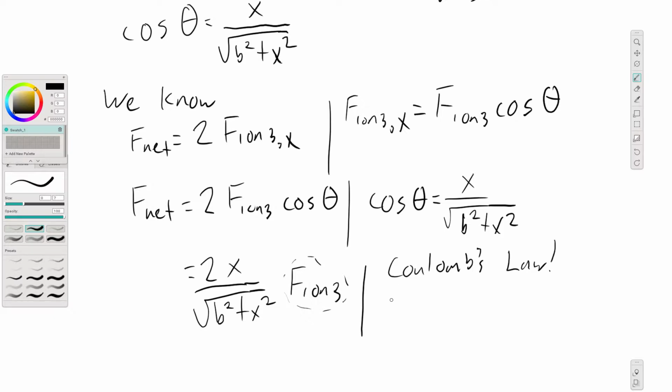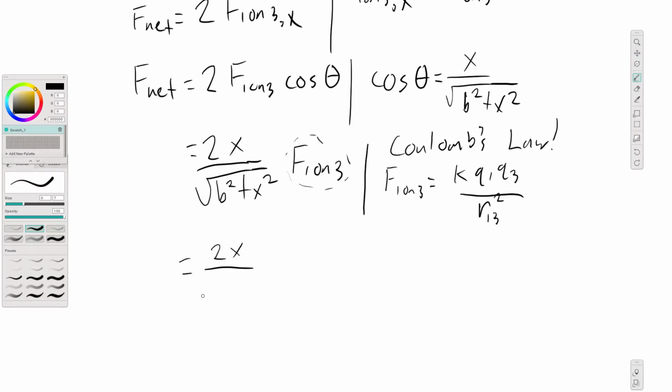We know that this is just going to be what we wrote up there: Q1, Q3, and r 1,3 squared. And this is getting a little daunting looking, but again, you guys have strong constitutions, and I believe in your ability to get through this.